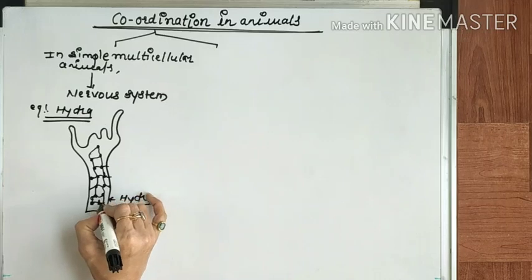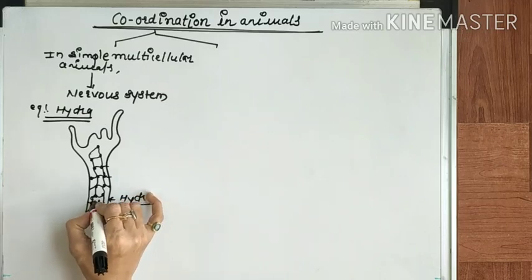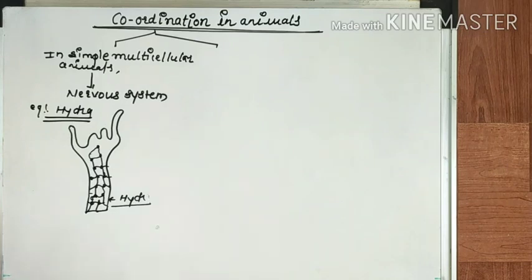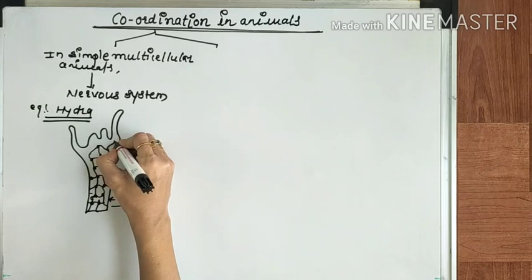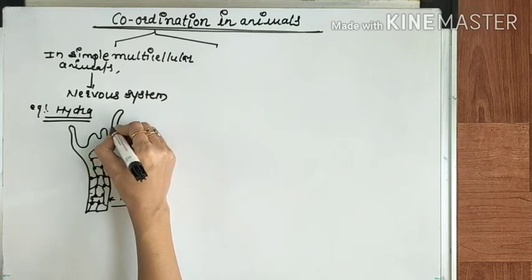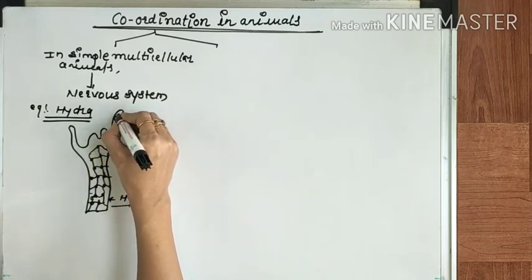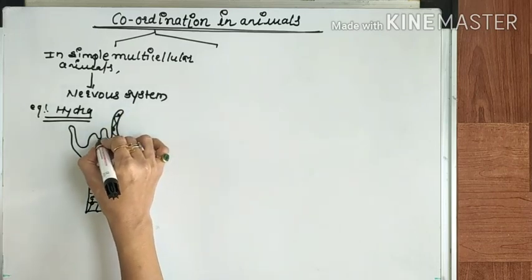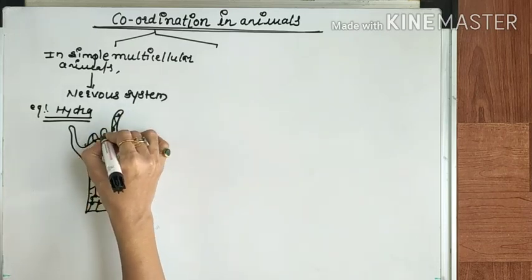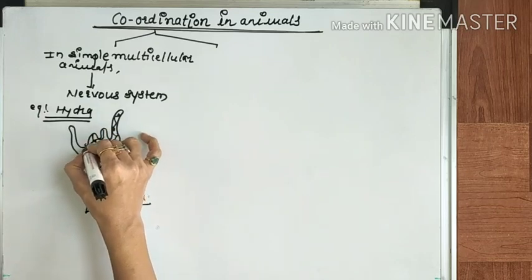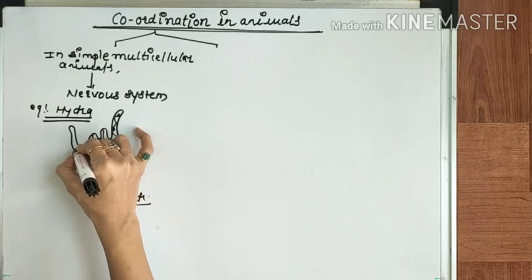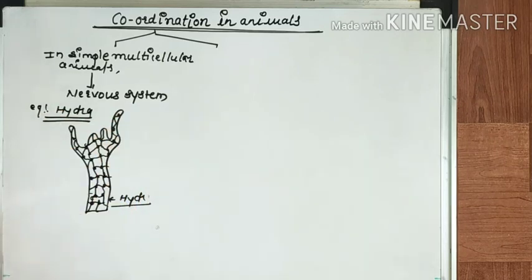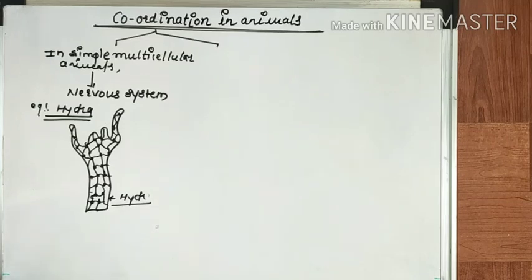At the corner of the square I draw a dot, you can see like that only. So this is actually the nervous system that occurs in Hydra.